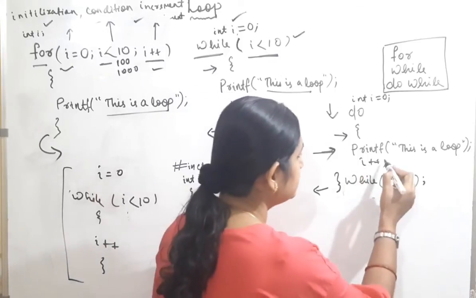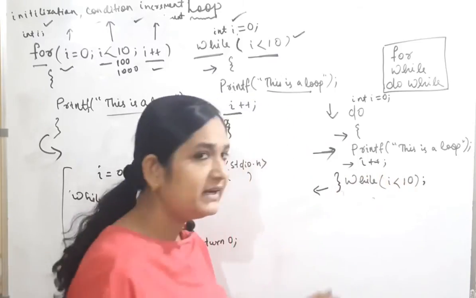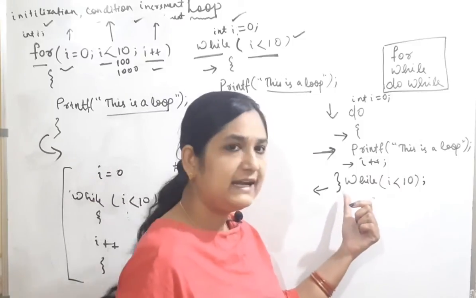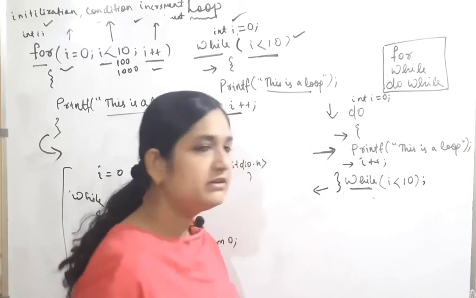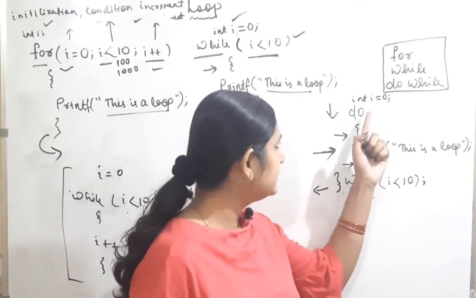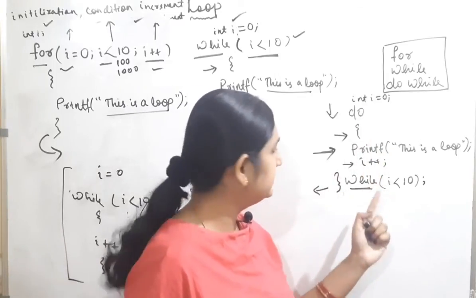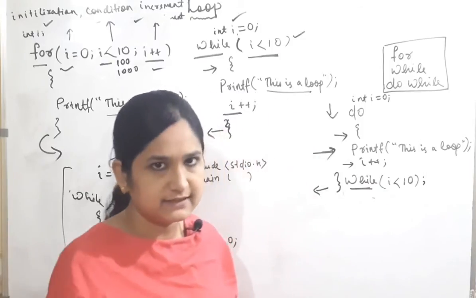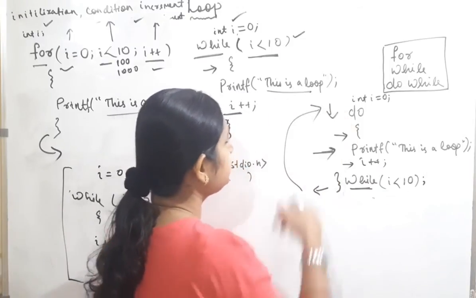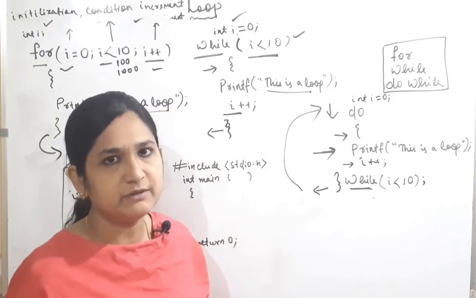I mean here I plus plus is done, I value will be increased to 1, and now here at the end of the curly bracket, the condition will be checked. Okay, now after execution one time of the statement, now I value is 1, so 1 less than 10. Yes, 1 is less than 10. So again, the execution of the program takes place.